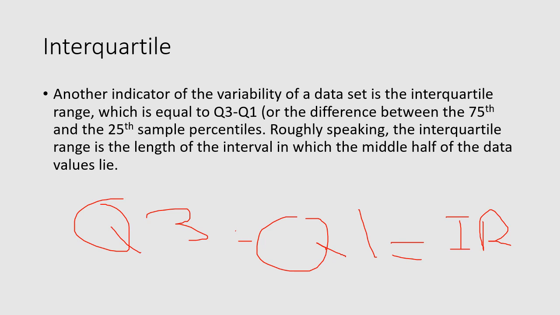Then it's nice to also talk about the interquartile range to give people a description of the variability of the data, as well as the position of certain values in the data set. So that is about percentiles, quartiles, and interquartile range.